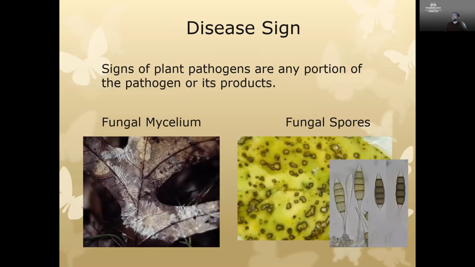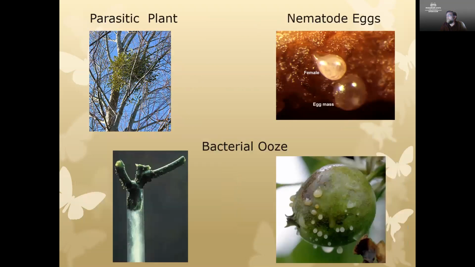Now, to contrast symptom, there's disease sign, and that is the actual physical appearance of the pathogen. So you might see the spores in the center of a lesion on a leaf, or you might see that white thread-like growth that you see on that oak leaf there, which are actually the growth of the fungus on the plant.